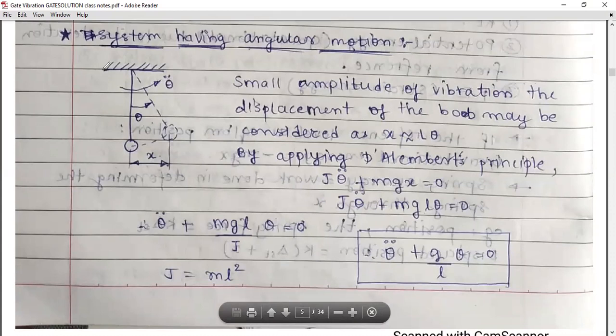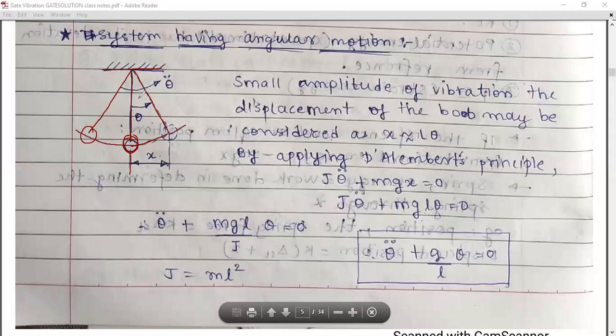So suppose one bob, or you can say a weight, is hanging on a string, and we are going to displace it from its mean position. So this one is your mean position, right? And your body is behaving like this after displacement. So it is moving to this particular position.